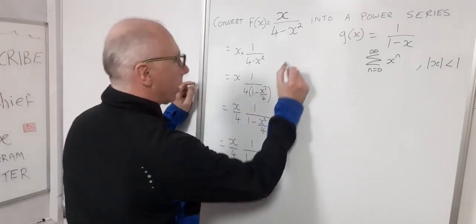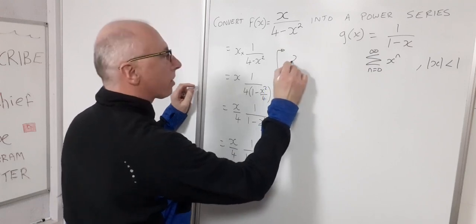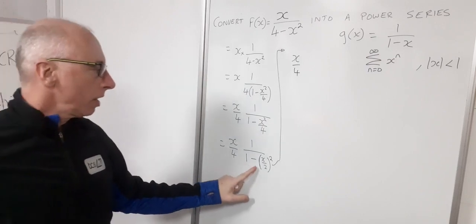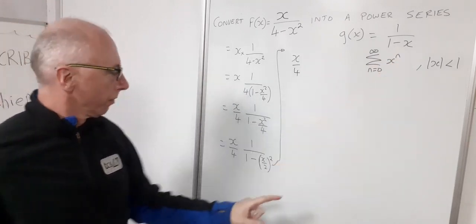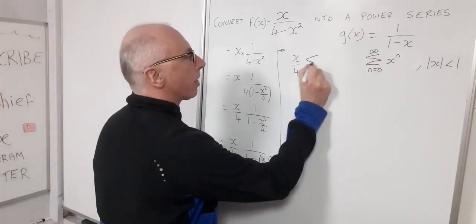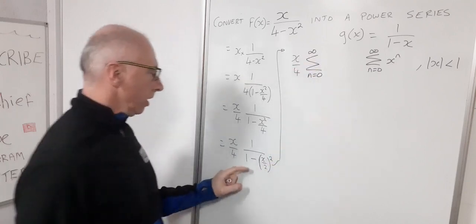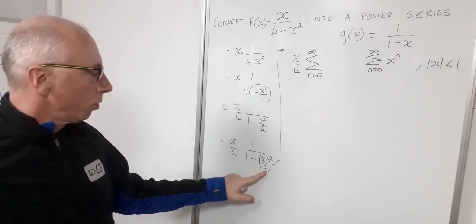So then, bringing this up to here, we've got x over 4. So that's what we've got for this bit. And this bit here is what we're trying to correspond to something similar to this. So let's put that then into a power series. That would translate into the sum from n equals 0 to infinity. Now we've got minus x over 2 squared.